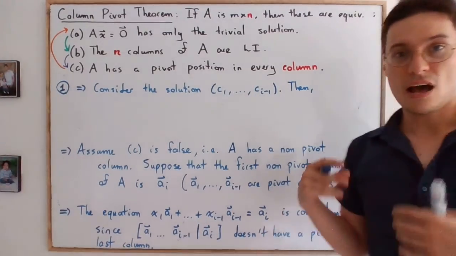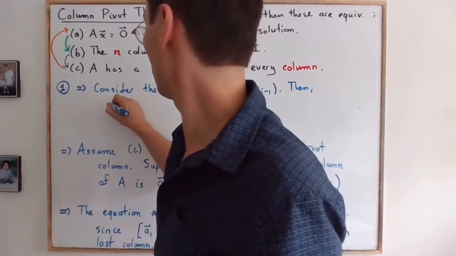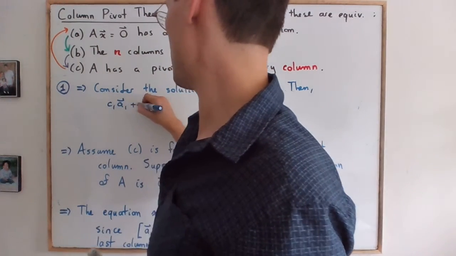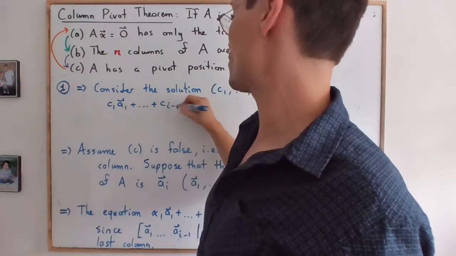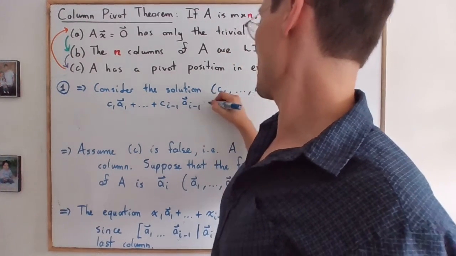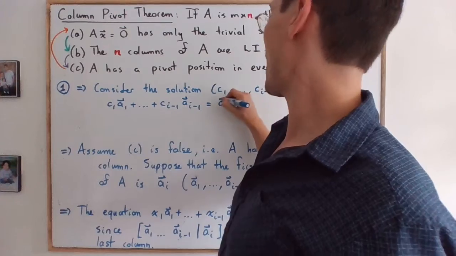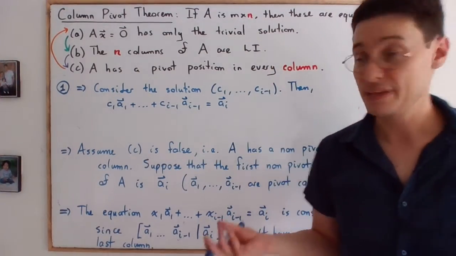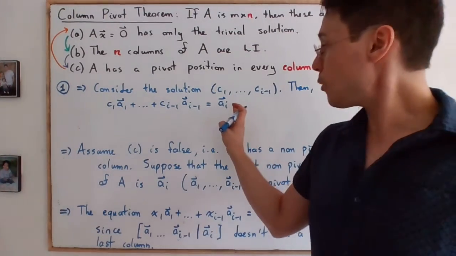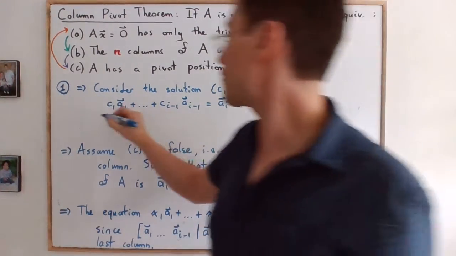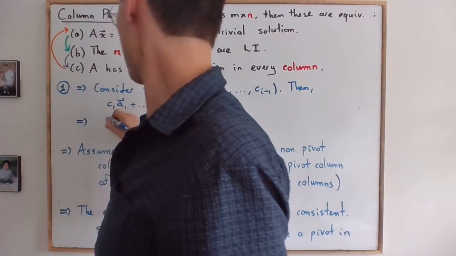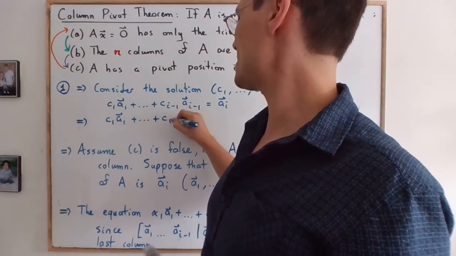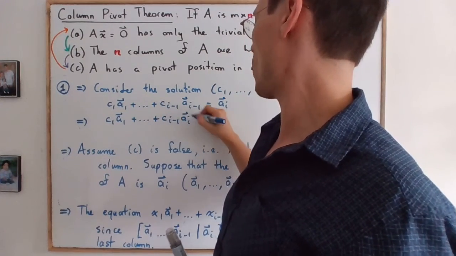Then in this case, C1 A1 plus all the way up plus Ci minus 1 AI minus 1 equals AI. Now what we're going to do is send AI over.